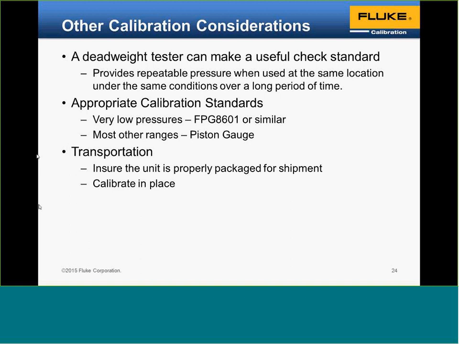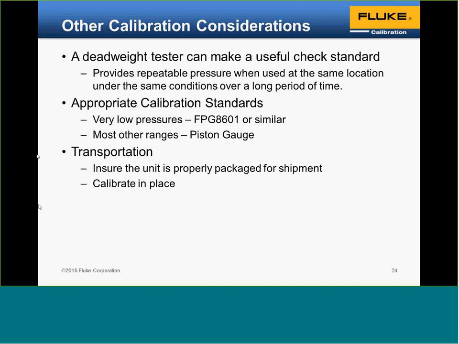Make sure that you have the appropriate calibration standards for the low pressure, for example, inches of water and so forth, the low differential pressure, something like the 4-ounce piston gauge, the FPG 8601. For higher pressure ranges, the piston gauge is common.